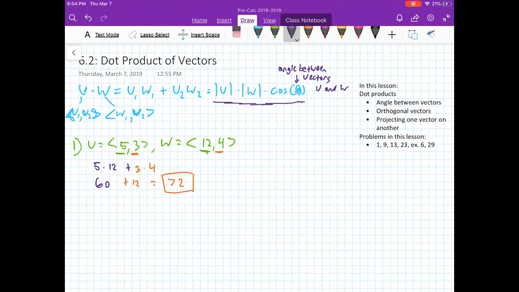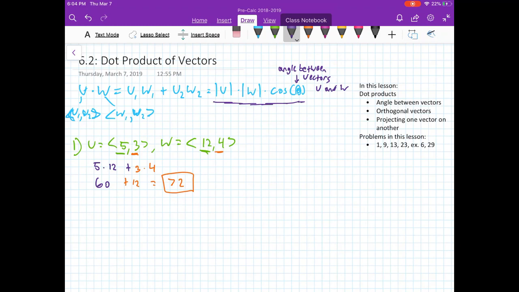What this is saying is that if I took the magnitude of u and the magnitude of w and multiplied them together, those are two scalar numbers, in the same way that the dot product we just found is a scalar number. It's the size of u times the size of w, and multiply that by the cosine of the angle between the two vectors, we would get the dot product.